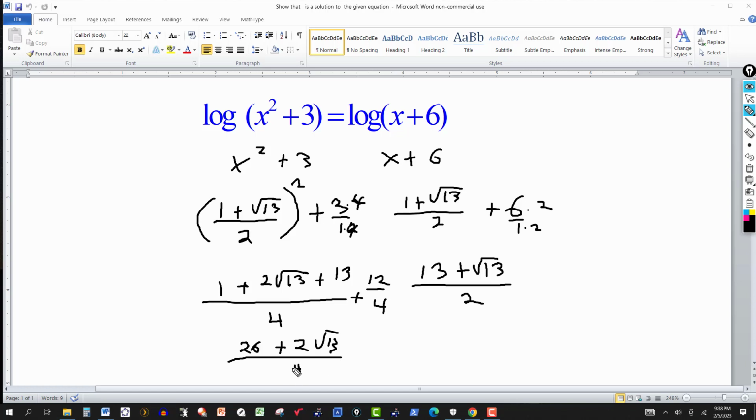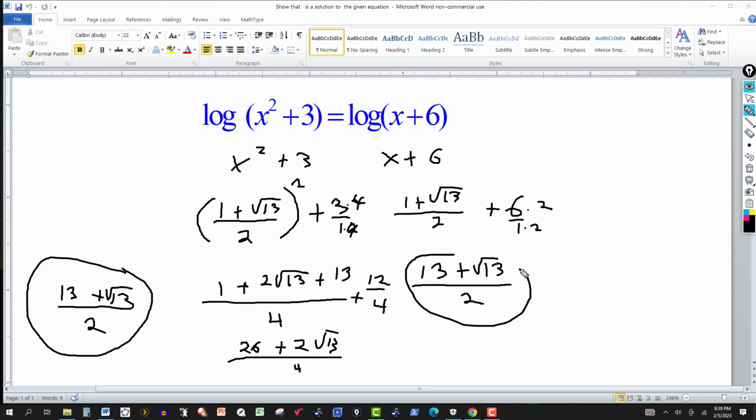They all have a factor of 2. 4 is 2 times 2, so let's divide through by 2. So 2 into 4 will give me a 2. 2 into 26 will give me a 13. And then 2 into 2 will give me a 1, or just radical 13, so this will be plus radical 13. So I get 13 plus the square root of 13 over 2. And on the other side I get 13 plus radical 13 over 2.